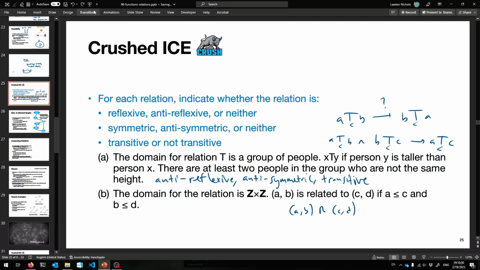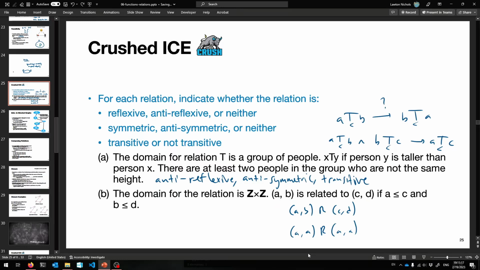Is it true that AA is related to AA? And so just following the definition, this is true if A is less than or equal to C and B is less than or equal to D. If you just think about them as the first thing in the first ordered pair is less than or equal to the first thing in the second ordered pair, and the second thing in the first ordered pair is less than or equal to the second thing in the second ordered pair.